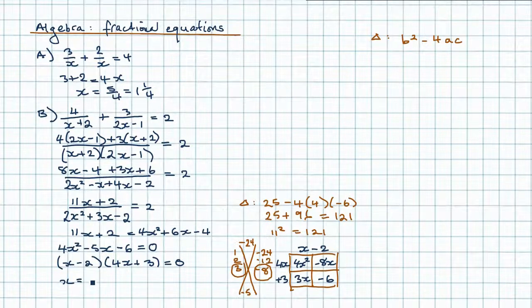Or 4x plus 3 equals 0, which would mean 4x equals minus 3, so x will equal minus 3 divided by 4, or minus 3/4. So I've got my two values for x there and solved my fractional equation. Okay, let's do another one.